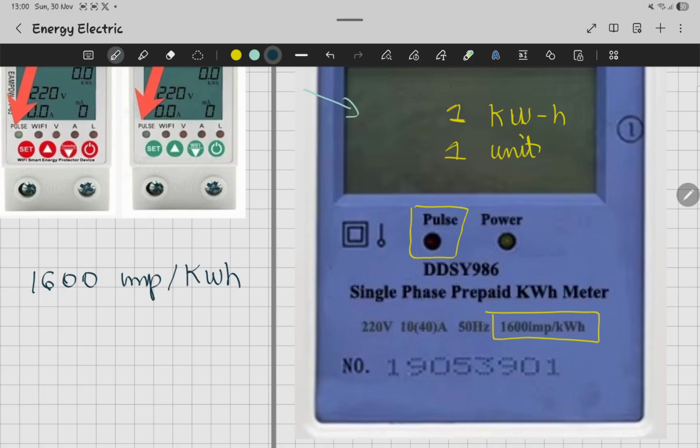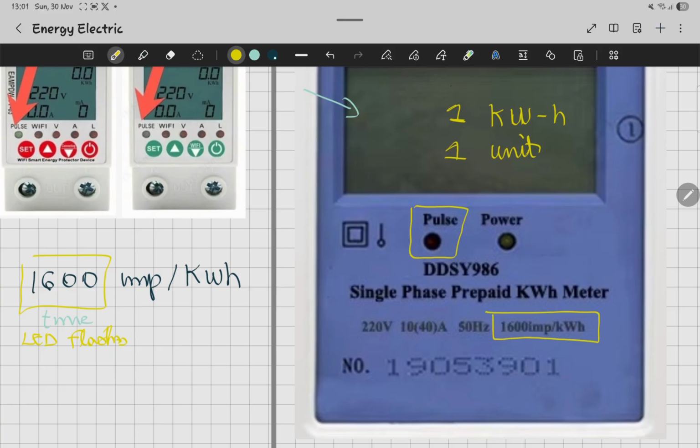This number that you see here is how many times the LED is going to flash. So that LED that you see for the pulse, it's going to flash. How many times the LED is going to flash, that's what you see here.